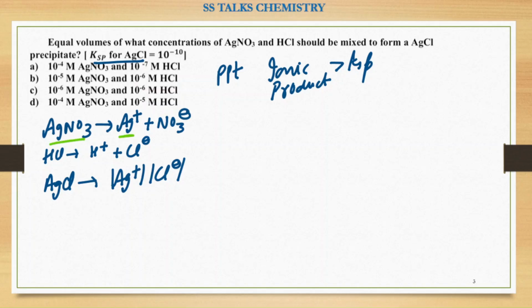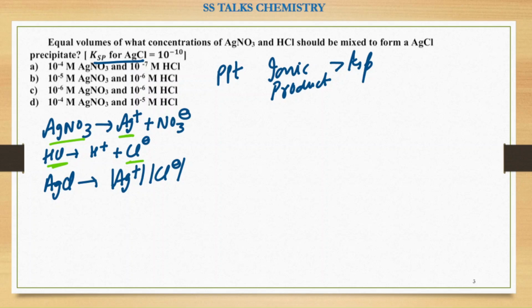The concentration of Ag+ will come from AgNO3, and from HCl we get the concentration of chloride. Now from the options you can find the ionic product and check whether it is more than the Ksp value or less than that. Based upon that, the precipitate will be formed.